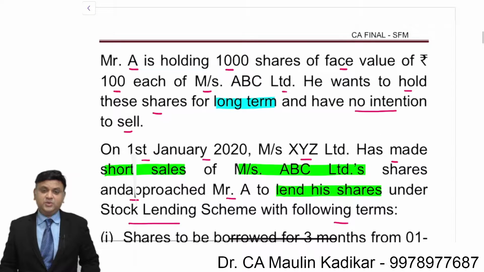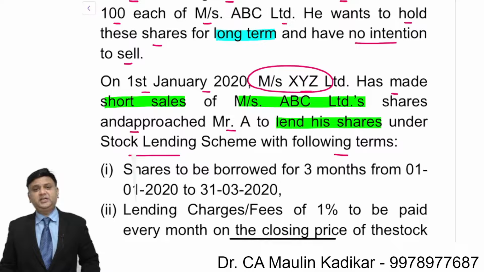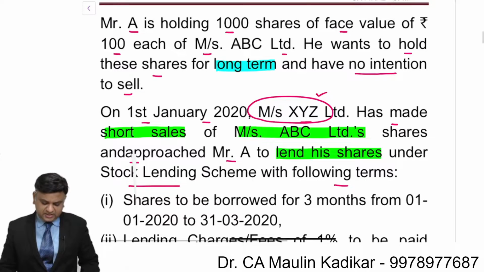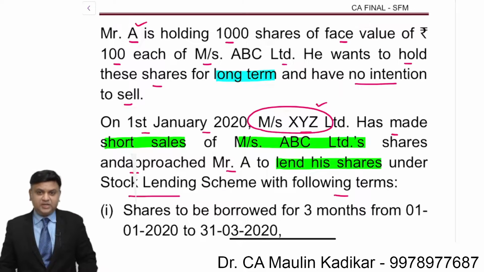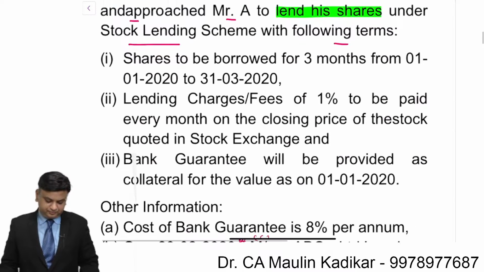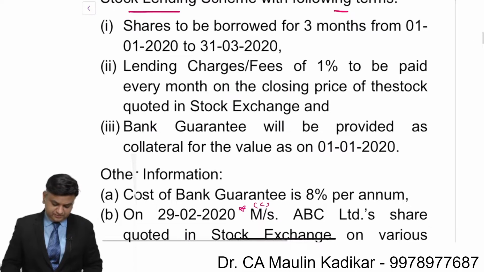So the question says that XYZ Ltd has entered into a sale transaction, and to cover the short position on the cash market, XYZ Ltd has entered into the stock borrowing scheme. From Mr. A's point of view it is lending, and from XYZ Ltd's point of view it is borrowing of the stock, with the following terms and conditions.